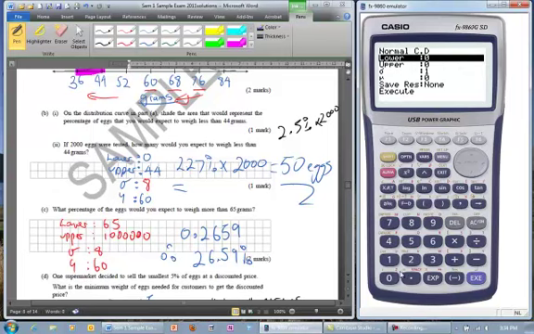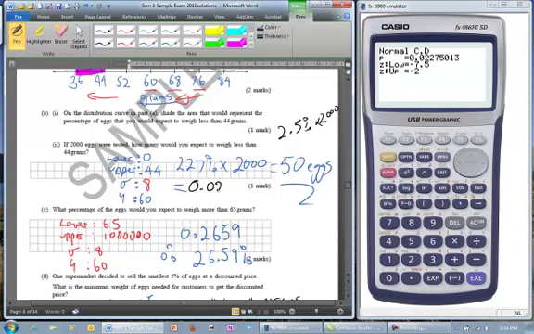The lower limit for us is going to be 0. The upper limit is going to be 44, because we want anything below that. The standard deviation is 8, and the mean is 60. Then you just go execute, and it will come up with 0.0227. Notice how it's nearly 2.5%, but this is more accurate than the graph, because we're kind of averaging a bit in the graph.